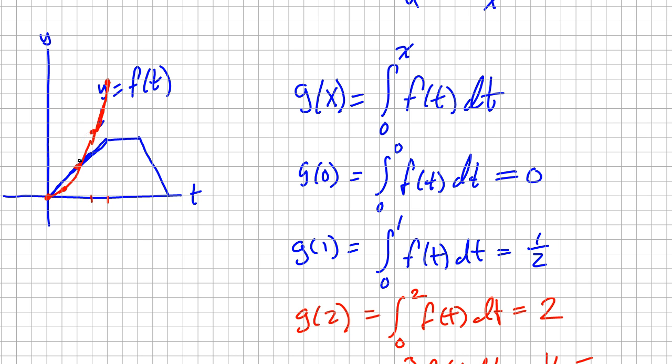Then, g of 5. Well, by the time x equals 5, you've got that whole triangle plus the area here, in that rectangle. So all the area I used to have plus 1, 2, 3 more. I'm just counting the squares. Each of these squares is 1 by 1, so area 1.